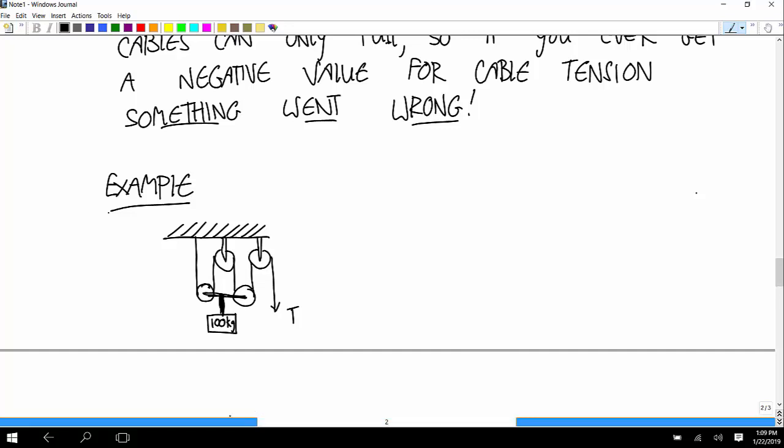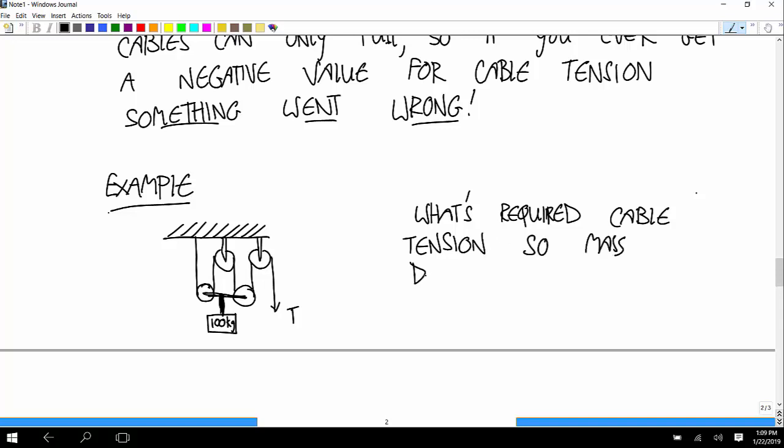What does that cable tension have to be so that that 100 kilogram mass doesn't accelerate?